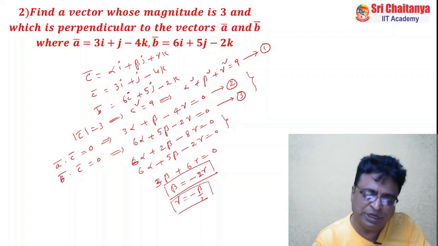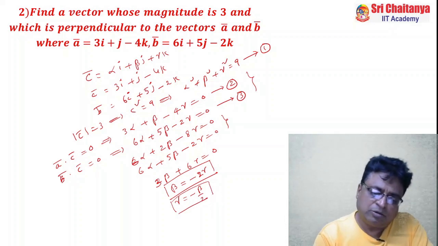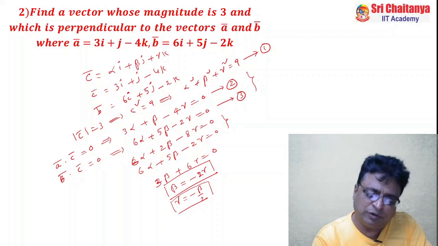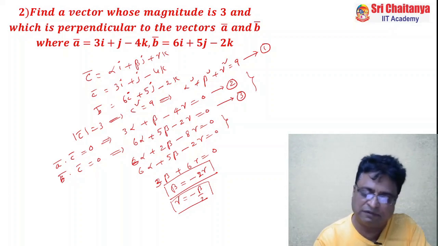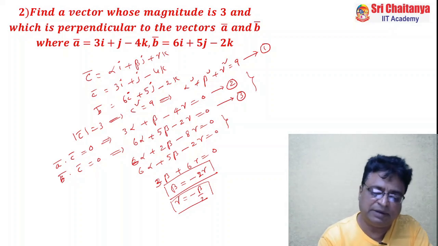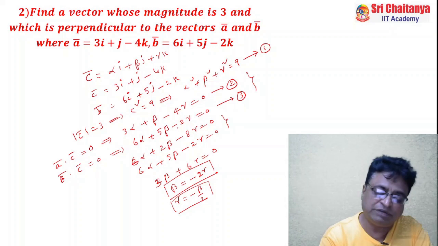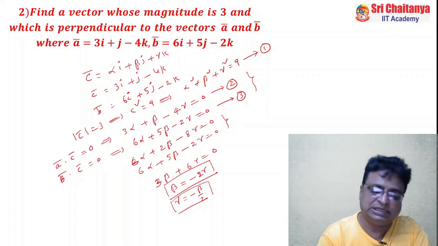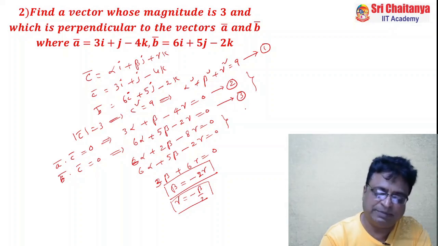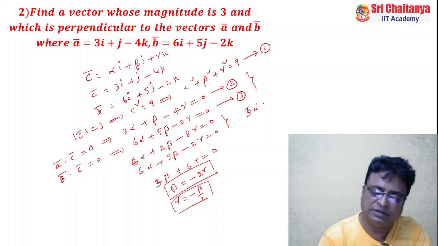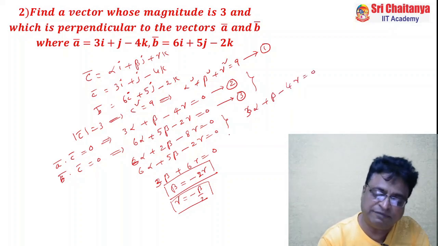Now again, alpha I have eliminated, now eliminate gamma. So you multiply equation 3 with 2 and then subtract. So again, 3 alpha plus beta minus 4 gamma equals 0, and multiply equation 3 with 2.